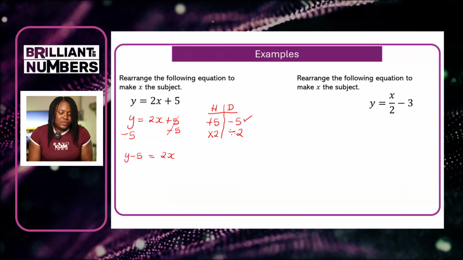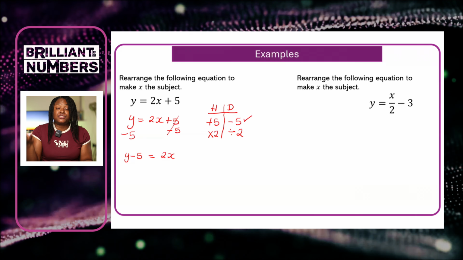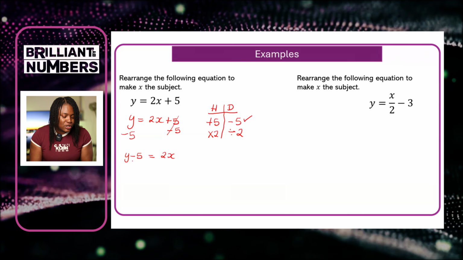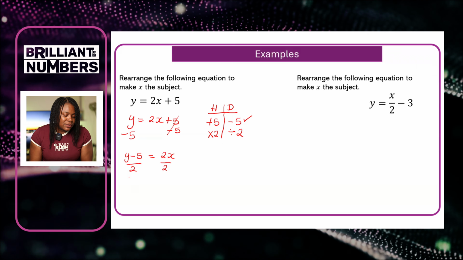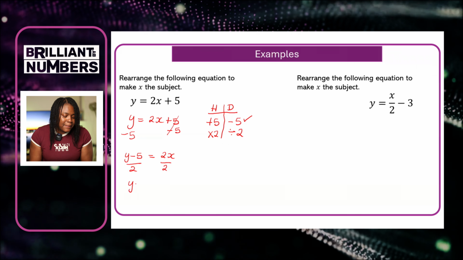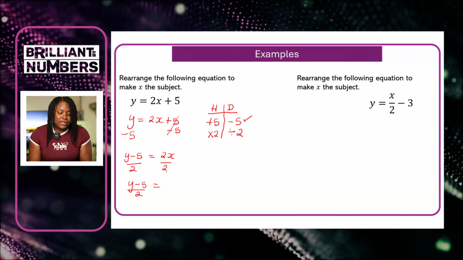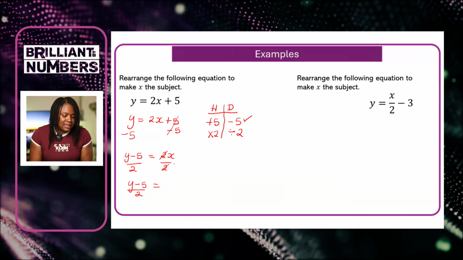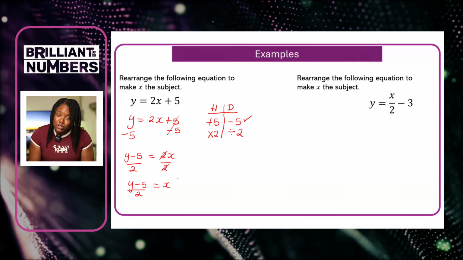Now I need to do division by 2, and remember we do that to both sides of our equation. So I'm going to go ahead and divide both sides by 2. So this side we will have y minus 5 divided by 2, 2x divided by 2, 2's cancel out, leaving us with x. Now x is our subject of the formula.